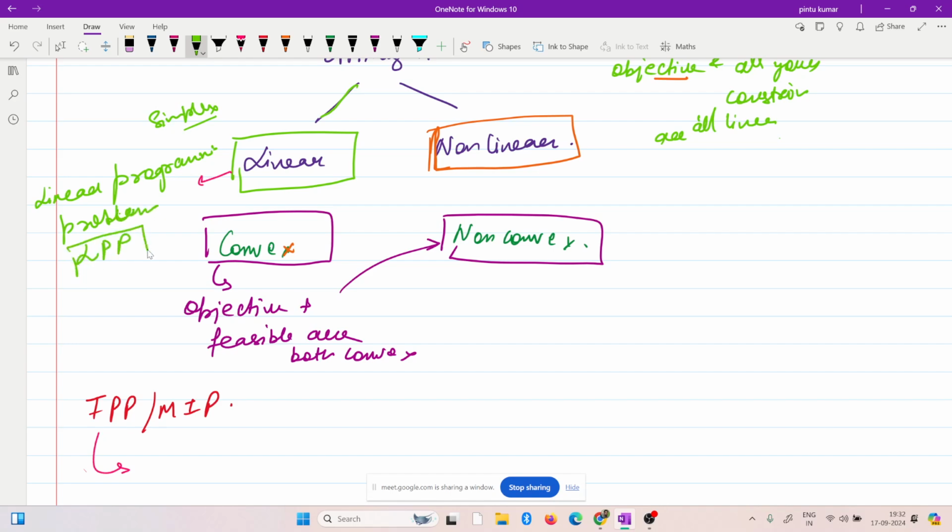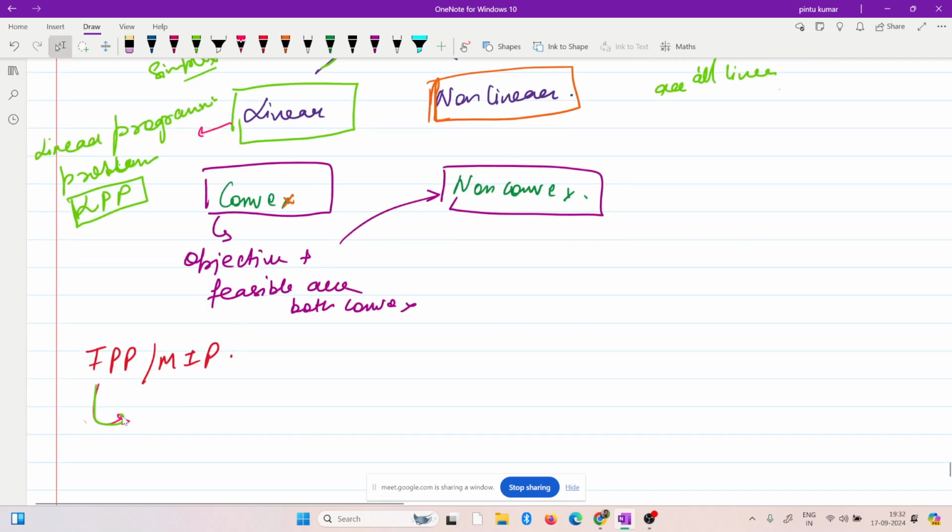You might have heard the word LPP. Similar to LPP is something called IPP, or integer programming problem.